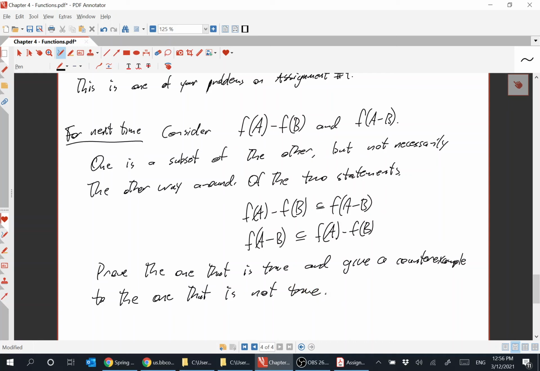Set difference is just intersection, but try not to use that set difference is the same as intersection. Well, I guess you could, because this is like the image of A intersection the complement of the image of B, and this is the image of A intersection B complement.